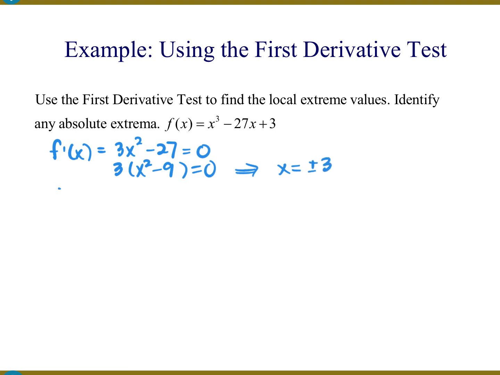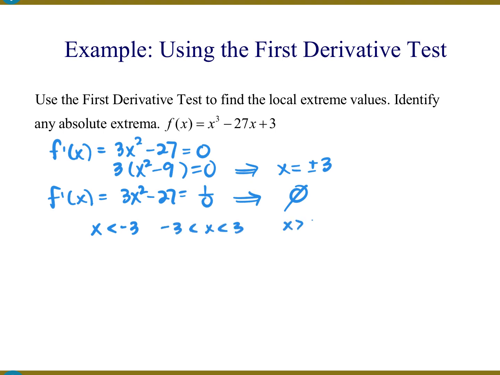When we set the derivative f prime equal to 1 over 0, the implication is we have no additional solutions. All right, so then we're going to set up the intervals where x is less than negative 3, x is between negative 3 and 3, and x is greater than 3.